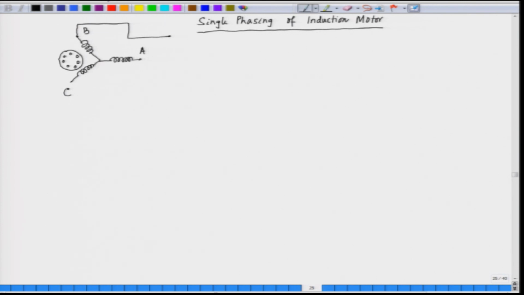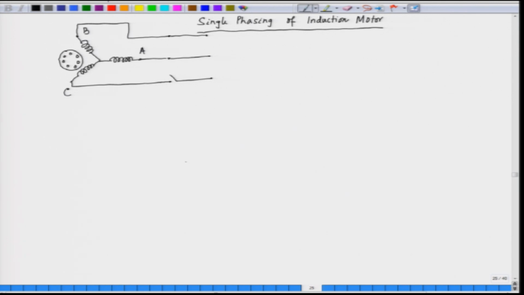So, we have the supply which is supplying these 3 phases. Out of these 3 phases, one phase is open circuited. Let us say the C phase is disconnected, that is called single phasing.